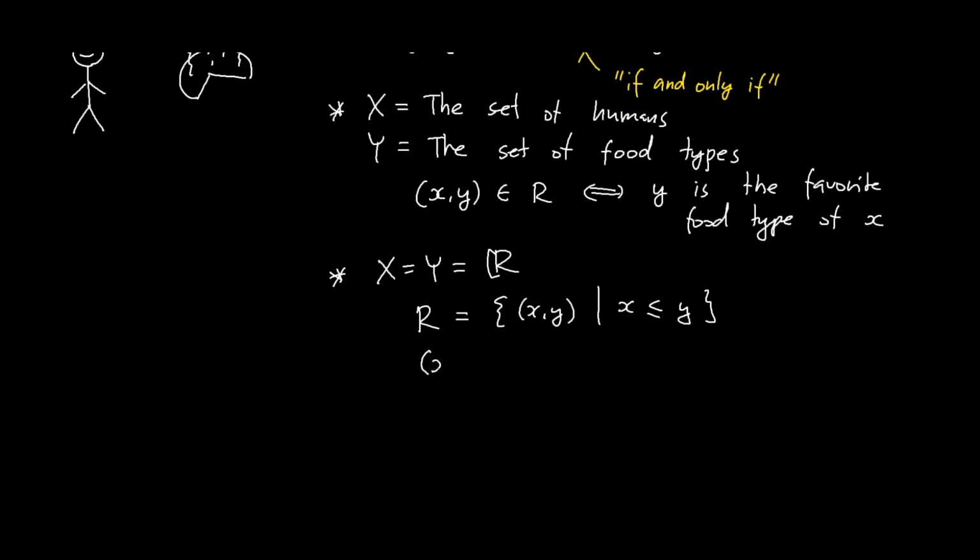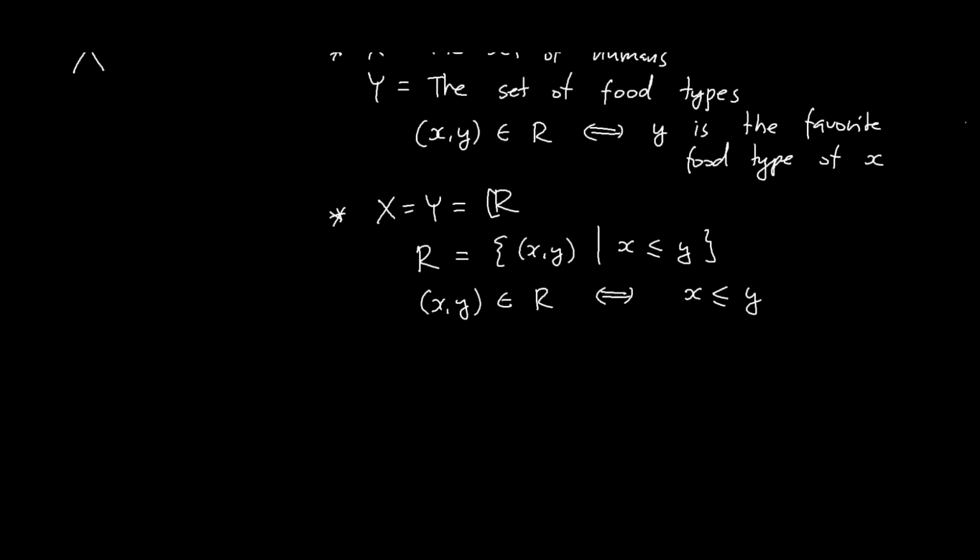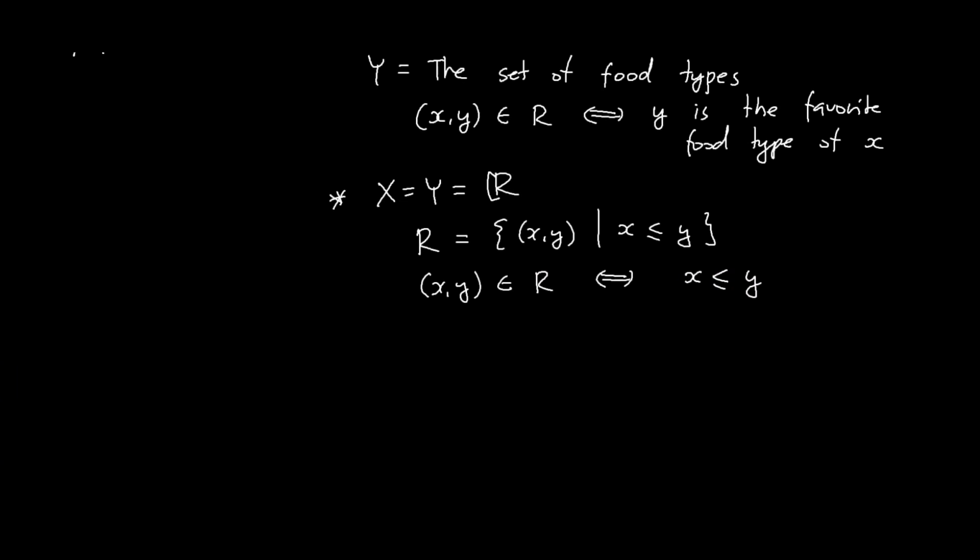That, of course, means that an ordered pair belongs to R exactly when x is less or equal to y. And then we basically think of this relation R as the relation of being less or equal, right? In fact, we even have notation for general relations. We will write xRy to imitate this kind of notation where the relation is inserted between the objects that are related to indicate that the ordered pair xy belongs to R.